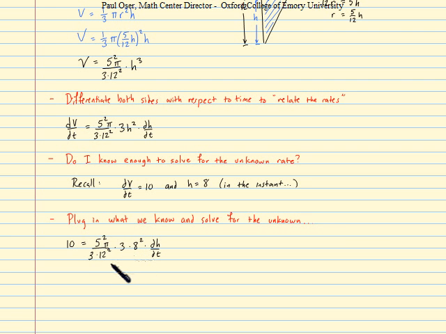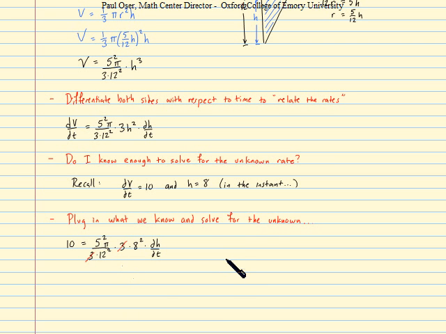And now we effectively have a linear equation in terms of this unknown dH dt. So we solve it in a very predictable way. We simply divide both sides by this giant mess over here. Of course, before you do that, you might want to cancel the 3's here. A little simplification opportunity.